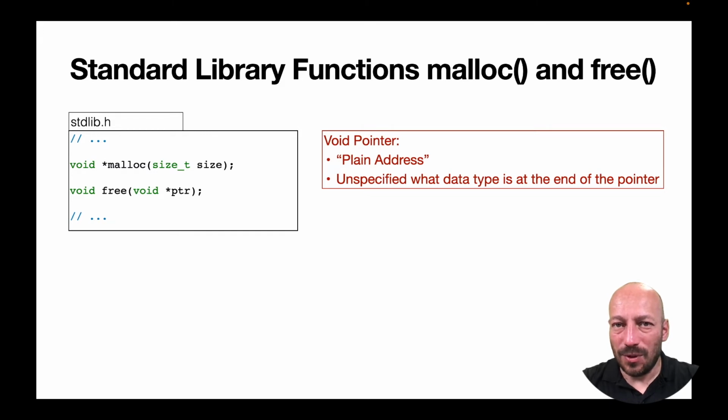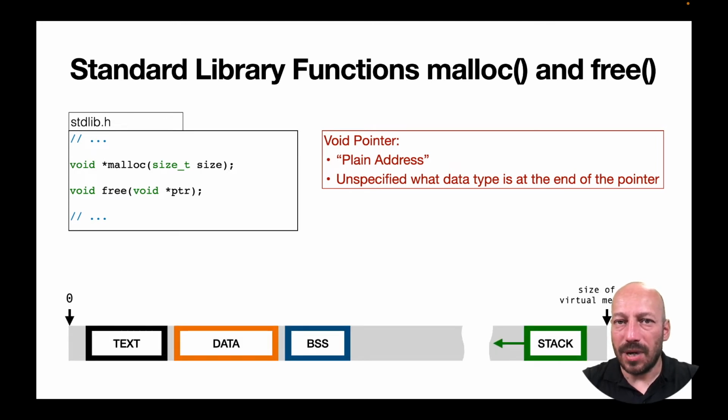Reserving a new block, as I said, means that this block shouldn't be already in use for something else. So it should not be part of the text, data, or BSS segment, and it also should not be part of the stack. Now, the stack is a growing structure. That means, in our case, it's growing downwards. And this is typically like that on all platforms.